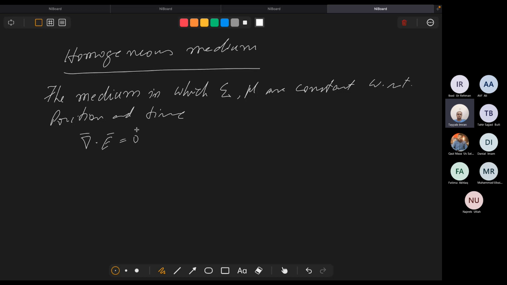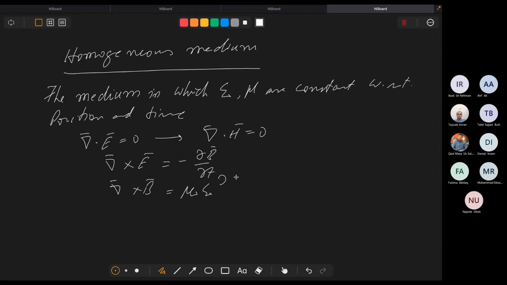So the rest of the equations in this case in homogeneous medium, okay, so these are the other equations. ठीक है.